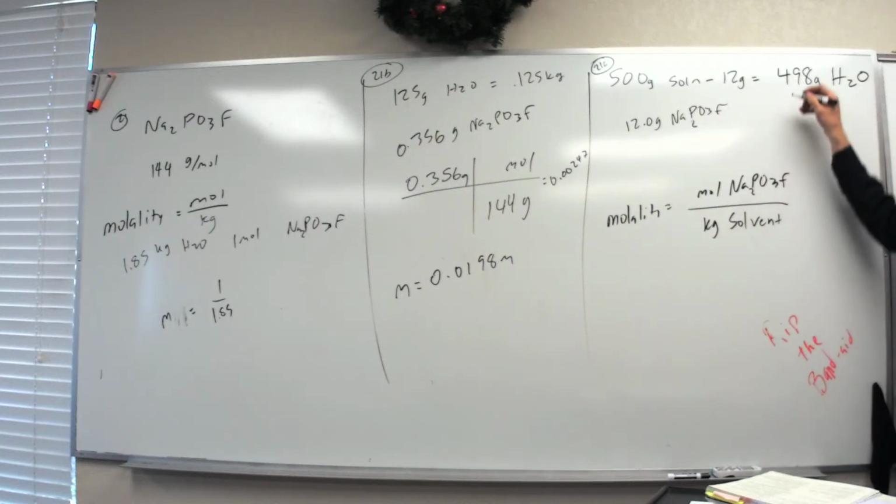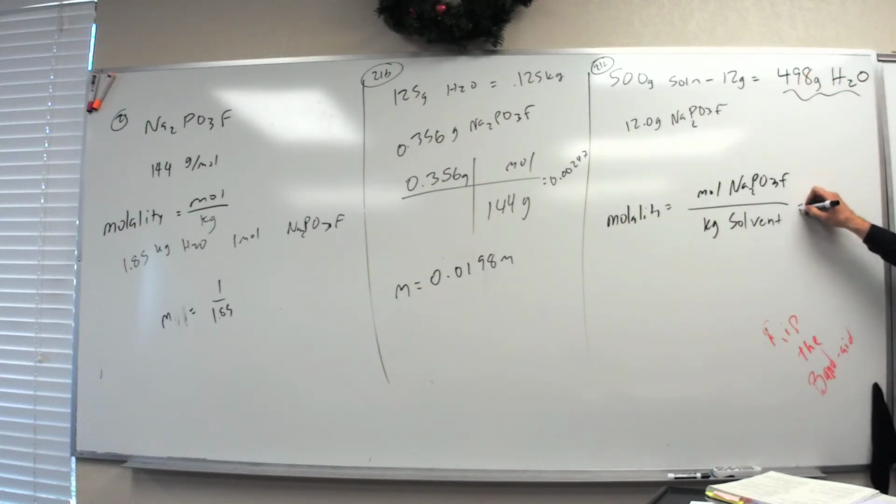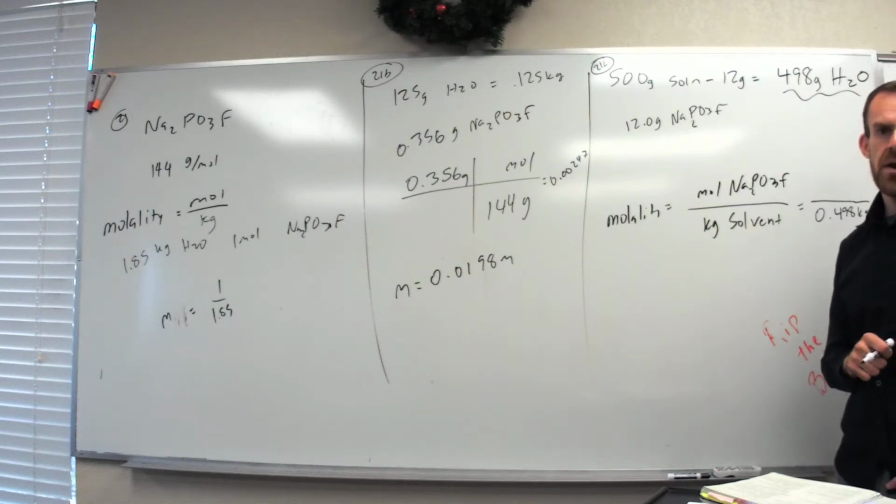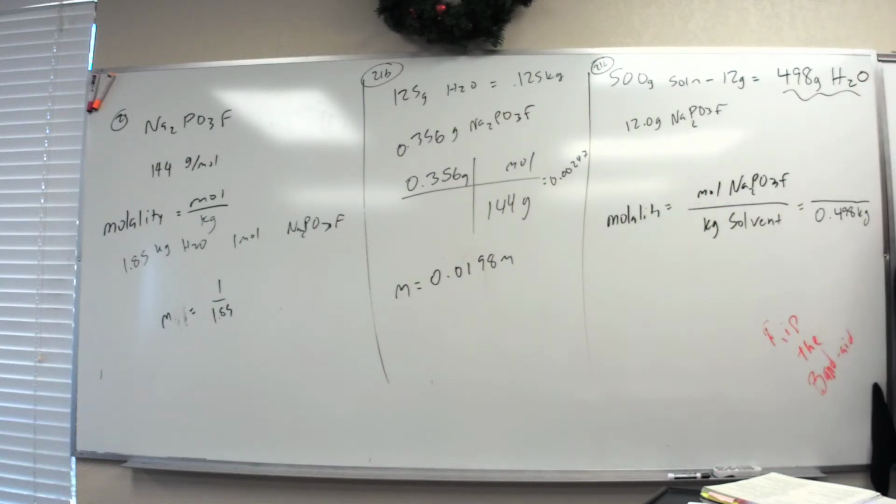So this is our solvent. So I want 0.498 kilograms of water. How many moles of sodium monofluorophosphate? Oh, it's not 500 solvent, it's solution. How do we get from grams to moles? Molar mass.